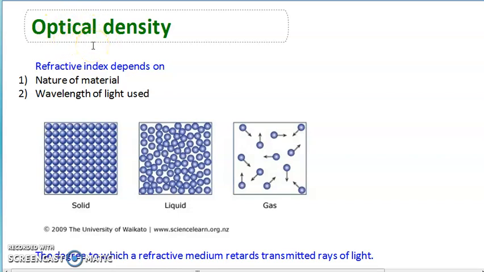First, let us see whether the material is a solid, a liquid, or a gas, and how the molecules in that matter are arranged.